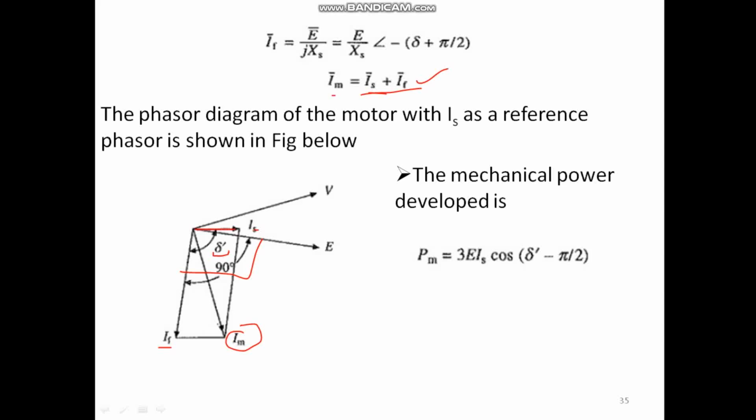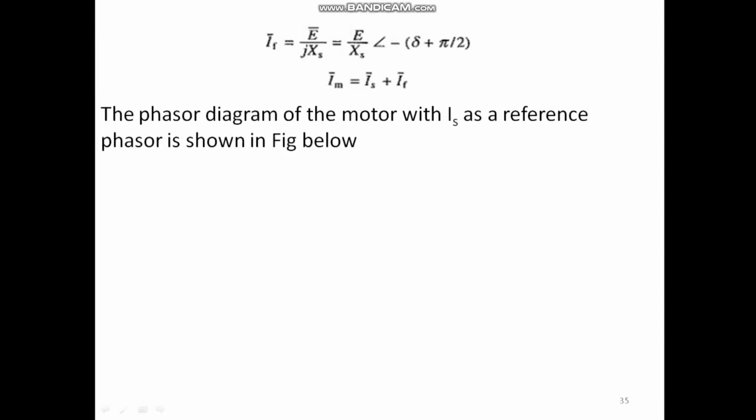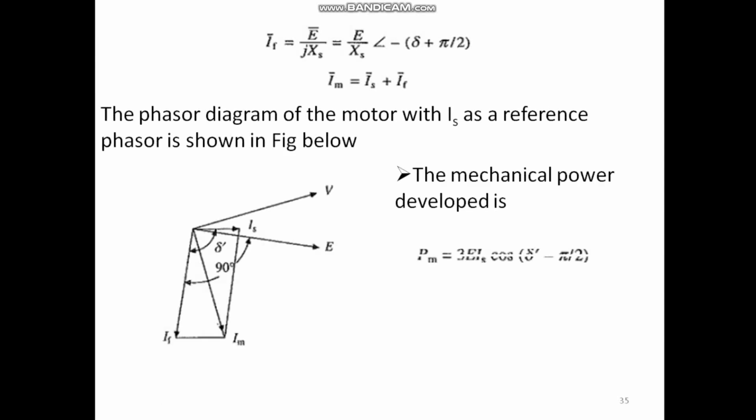Total three phase power is given as root 3 VL IL cos phi, where V and I are line values.